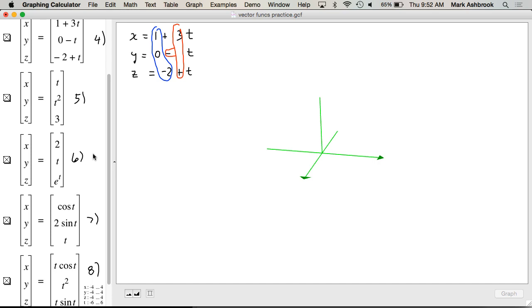6. Okay, so 6 lives where? Where does the curve live in number 6? The x equals 2 plane. How could you describe the x equals 2 plane? 2 units in front of your paper, or 2 units in front of the board, like this. Parallel to the board or the screen, 2 units in front. So that's where that lives. And what curve lives in the x equals 2 plane? z equals e to the y.